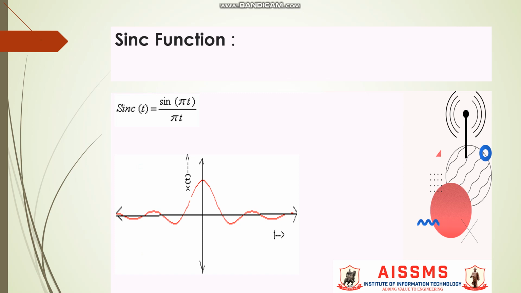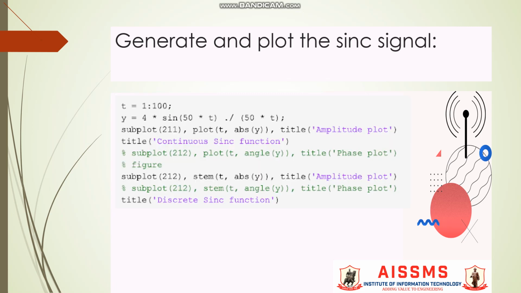The most useful signal in signal processing and communication theory is the sinc function. Mathematically, it is expressed as shown and the plot is as seen. Let us now see how to generate and plot the sinc signal. For t up to 100, we will plot the sinc y as given in the second line.